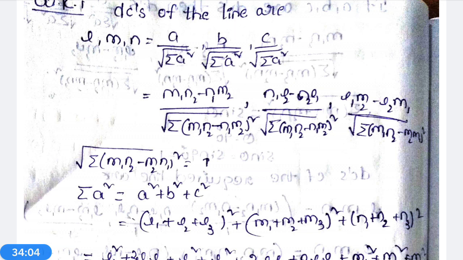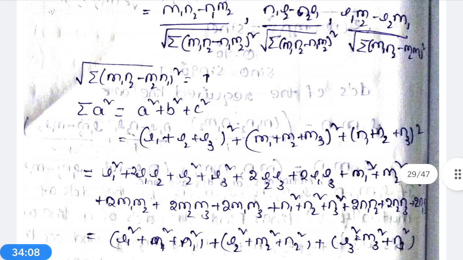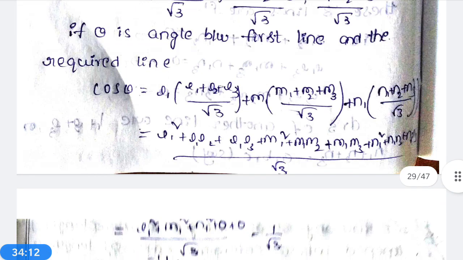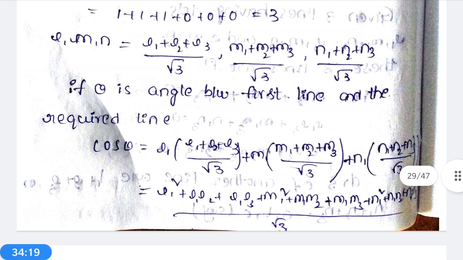Therefore, l, m, n is equal to (l1 plus l2 plus l3) by root 3, comma (m1 plus m2 plus m3) by root 3, comma (n1 plus n2 plus n3) by root 3.